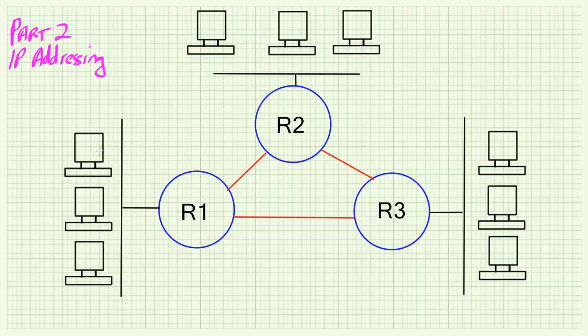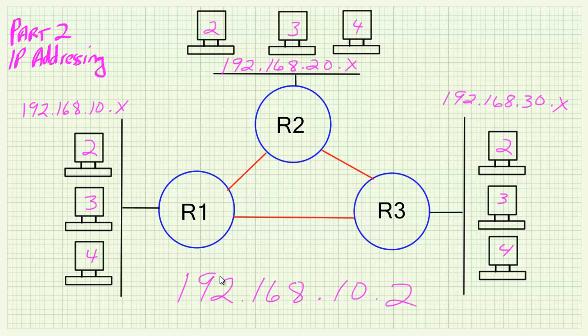Each of these devices that's going to have connectivity to this network at layer 3 is going to have its own unique identity within the context of the broader network. So just as your street address is unique within your geographical area, each of these devices here in this network is going to have some unique identity within the context of this network, and that unique identity is something that we call an IP address, or an Internet Protocol address.